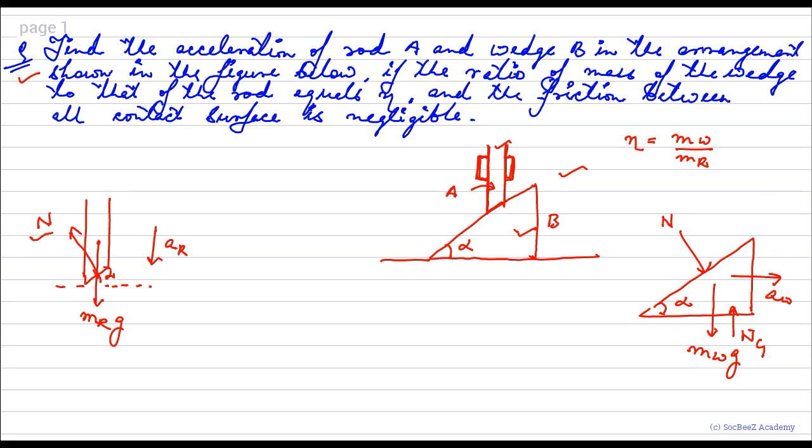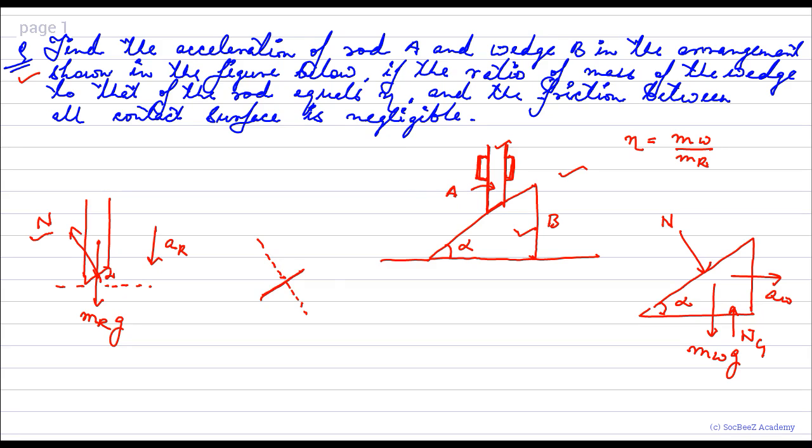Along that particular direction the acceleration components are going to be the same. Basically, let's say this is my contact surface of the rod and the wedge. So along this direction, that is the direction perpendicular to the contact surface, the component of the acceleration of the rod and that of the wedge is going to be the same.